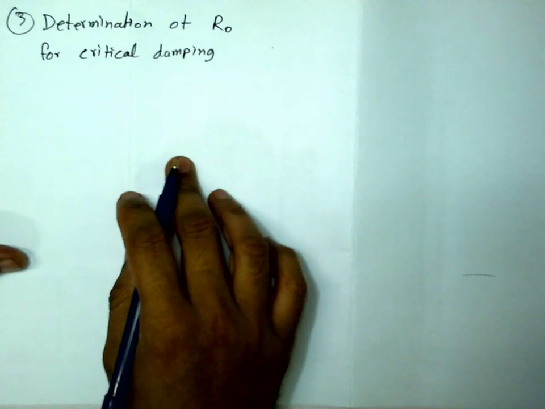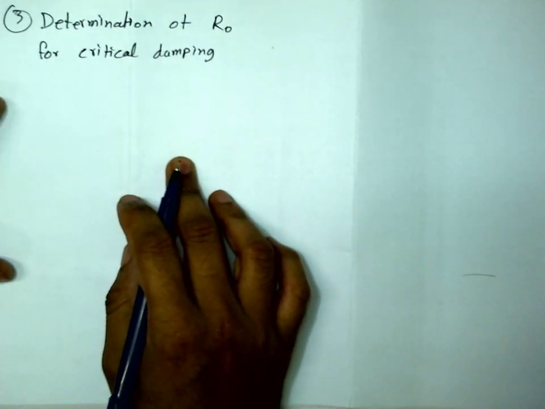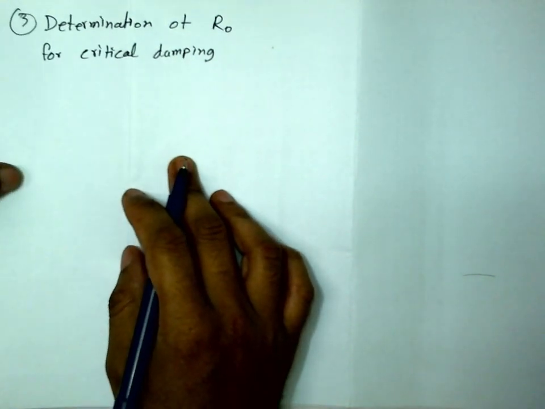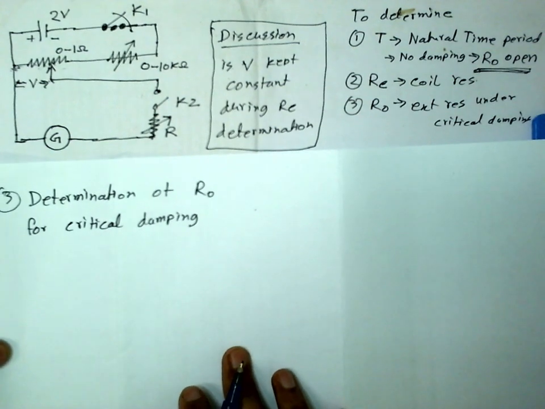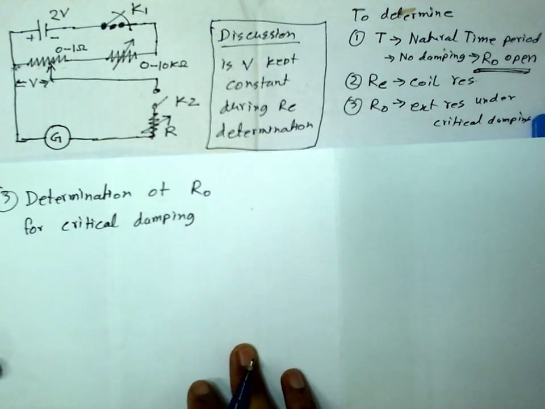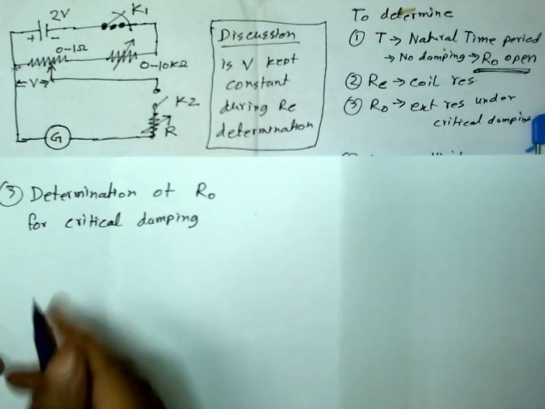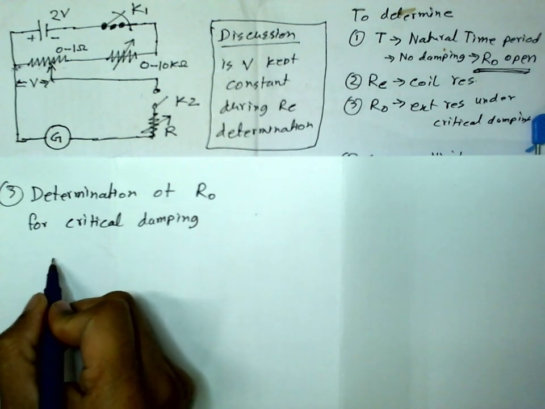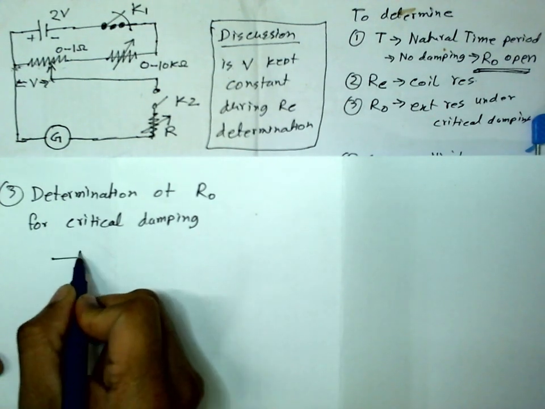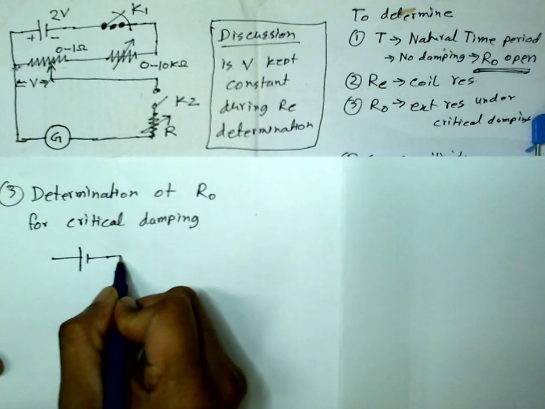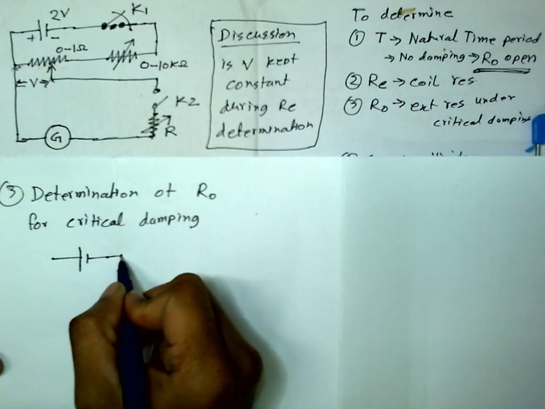We will modify our circuit a bit. Here is the previous circuit, and let me draw the modified circuit right in front of you. First I need this variable voltage source, which will be like this.